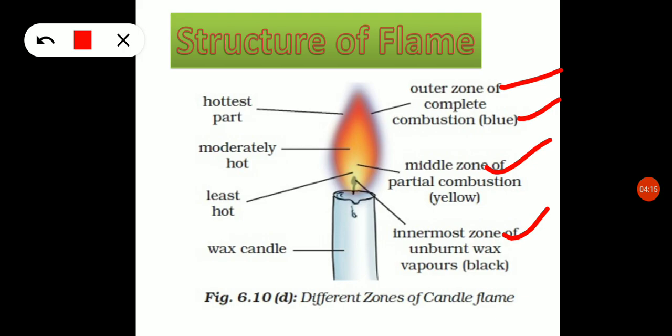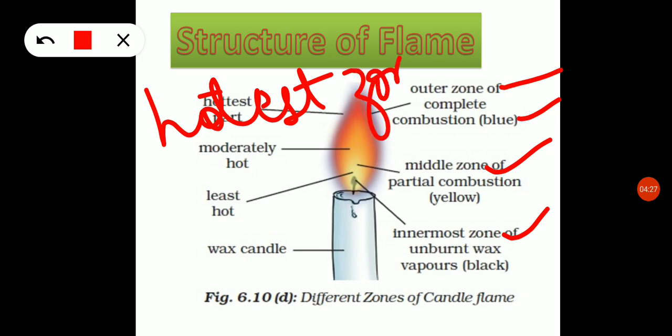This zone is the hottest in temperature. When you compare it to the other zones, the outer zone is the hottest zone. So this blue colored zone is the non-luminous part of the flame. Here you can see the blue colored zone.